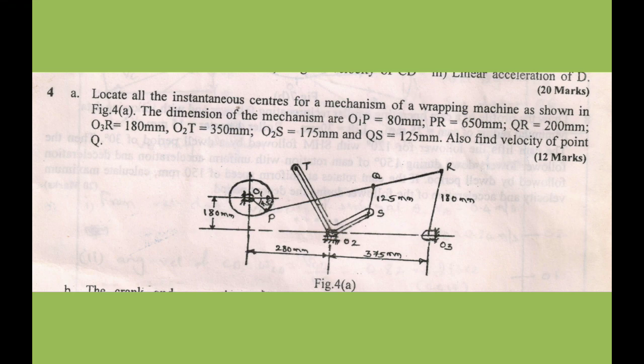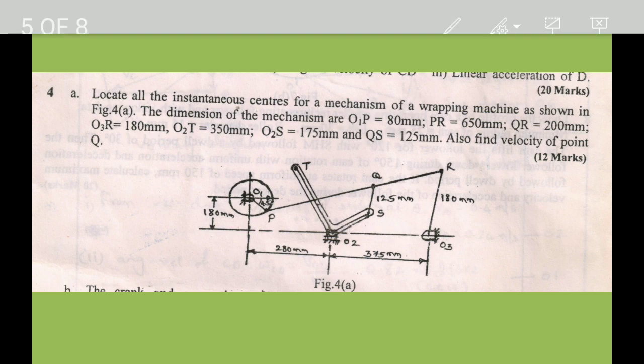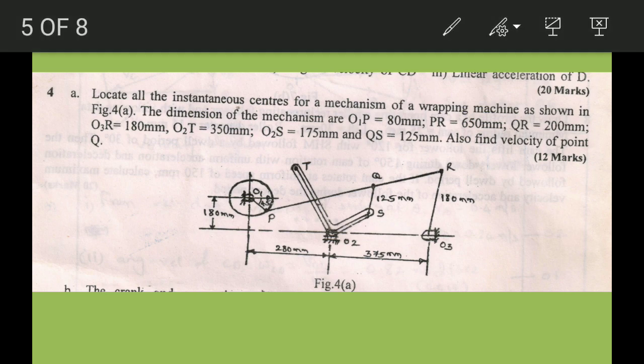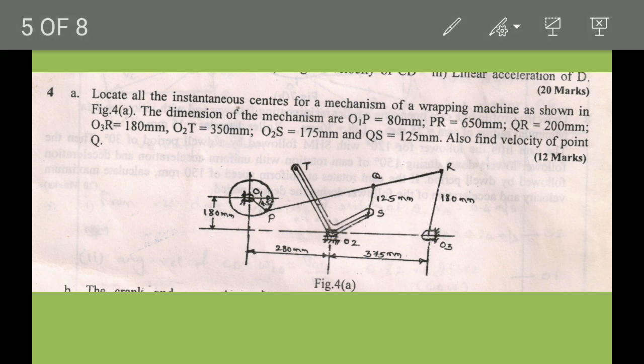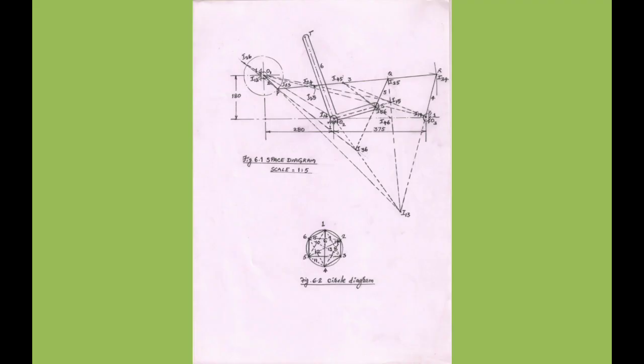Now let us go to the solution. See, the solution is not coming from me. I have drawn the figure to the scale 1:5. So this is exactly drawn to the scale. It is not approximate.